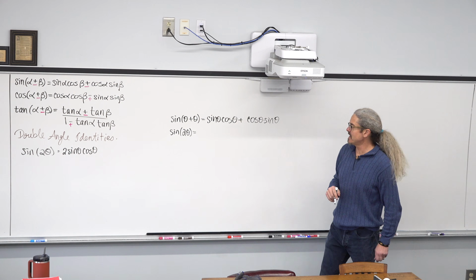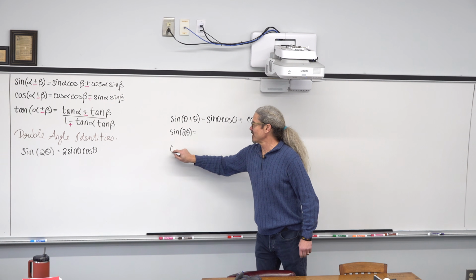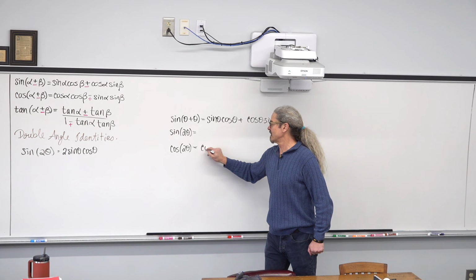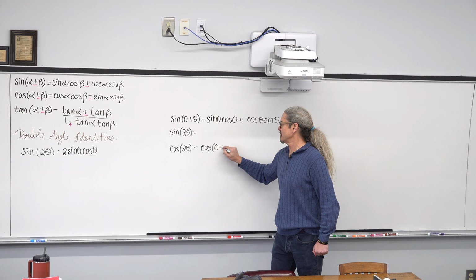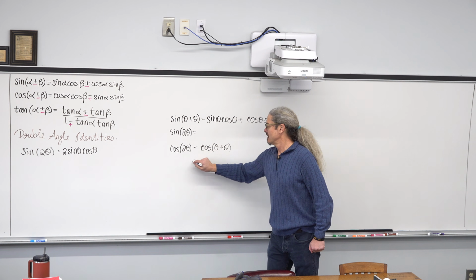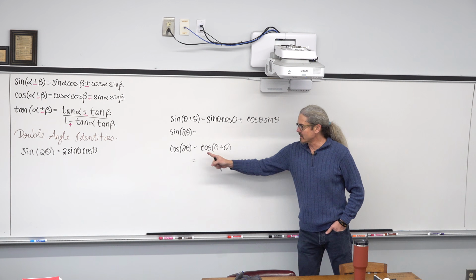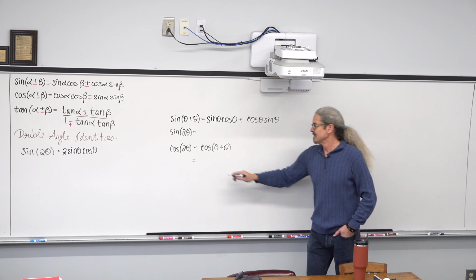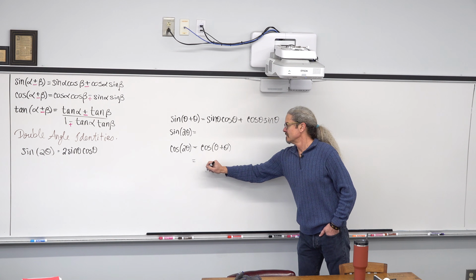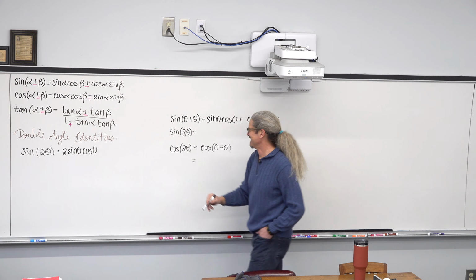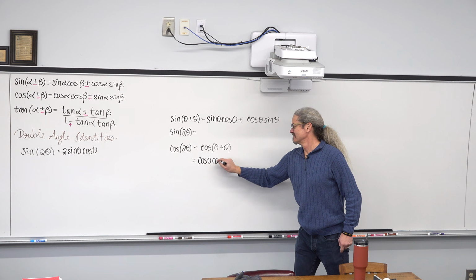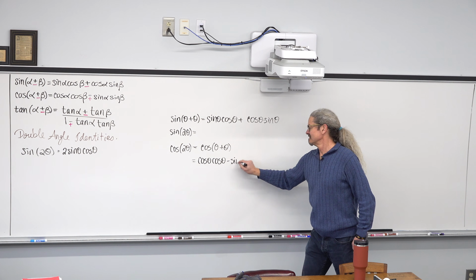So with that example, take a minute, probably more than a second. What is the cosine of 2 theta? What is the cosine of theta plus theta? Anyway, here we go. The cosine of theta plus theta, what do we got? So you can use that identity over there. It would be cosine of theta, cosine of theta, minus sine of theta, sine of theta.